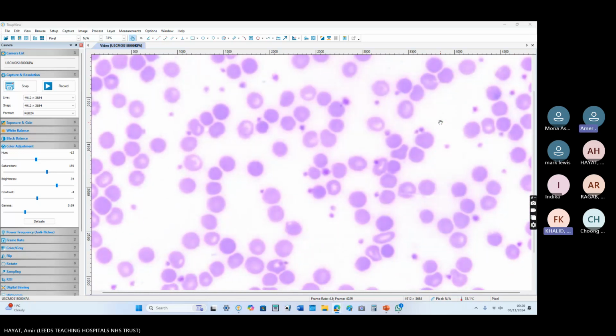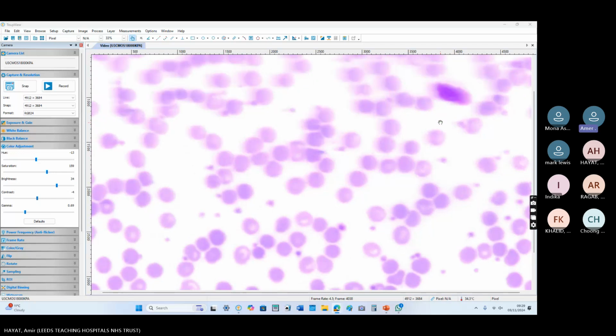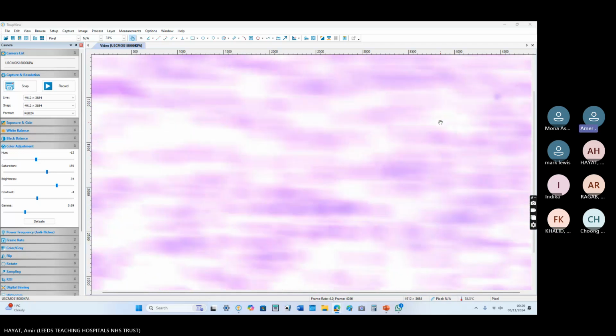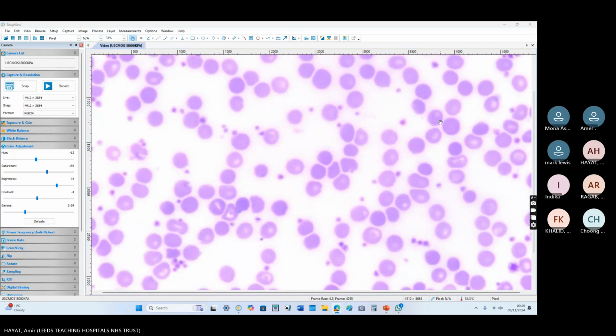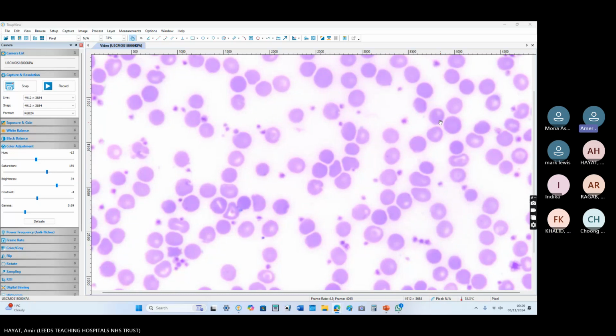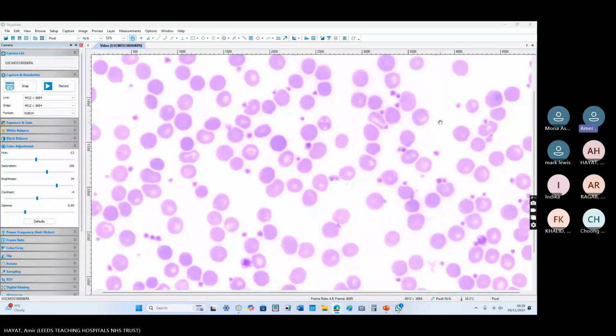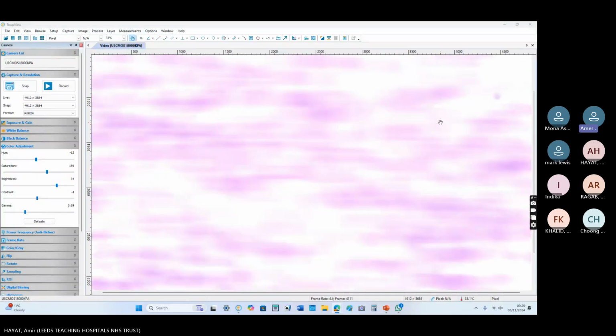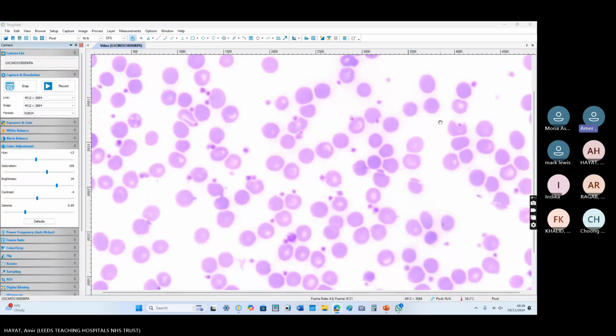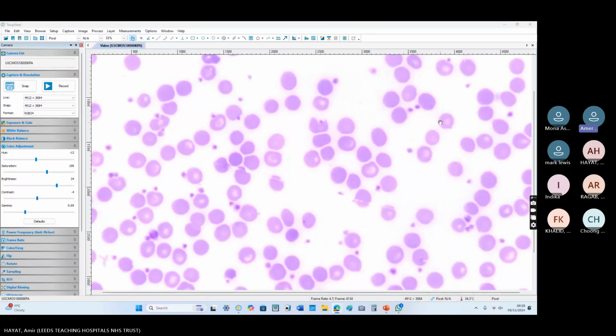So then you say that the impression is thrombocytosis, which can be primary or secondary. But first, we should rule out secondary causes by sending these tests. You would certainly receive a call from the department that this patient has a platelet count of 900.